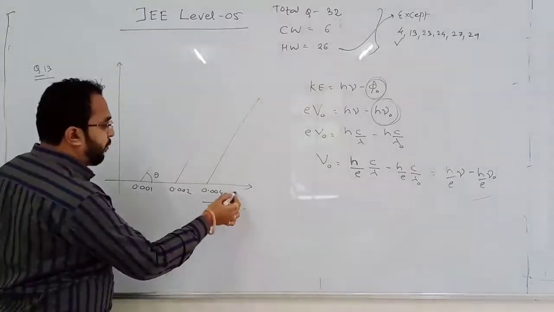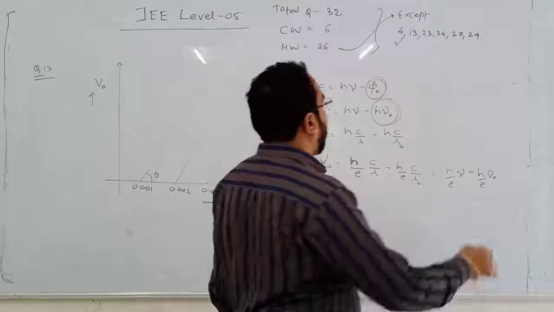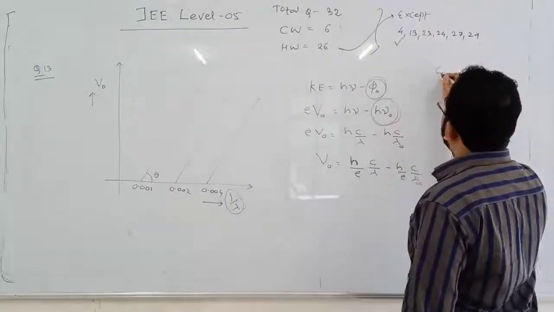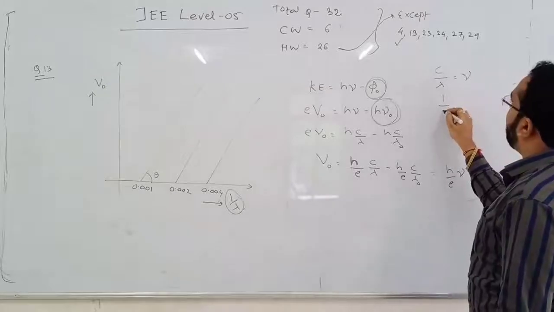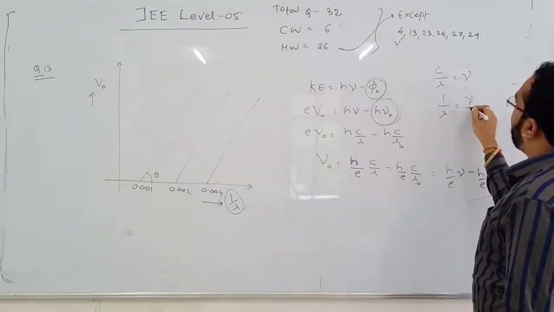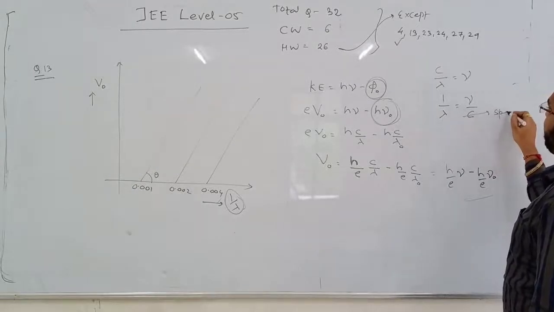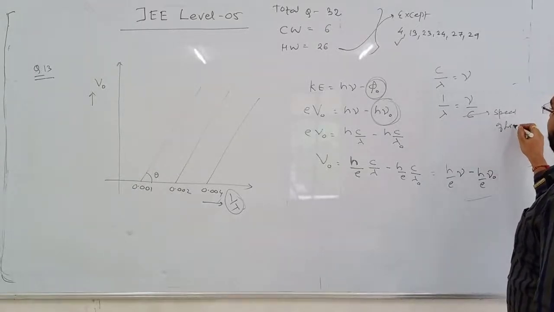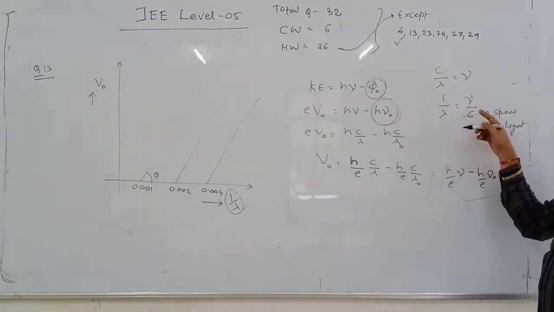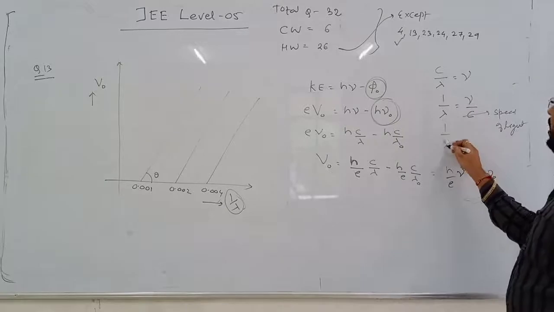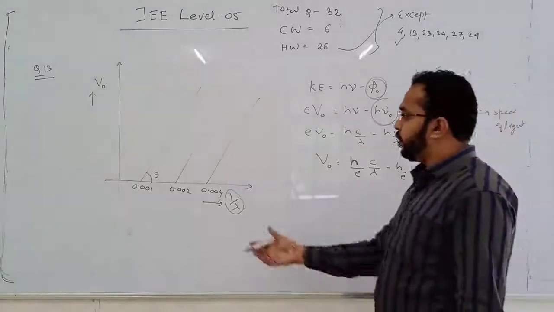Even though this is 1 upon lambda, what is meant by 1 upon lambda? See here, c upon lambda is mu. So from here, 1 upon lambda is mu upon c. c is a constant, the speed of light. So 1 upon lambda is proportional to frequency.